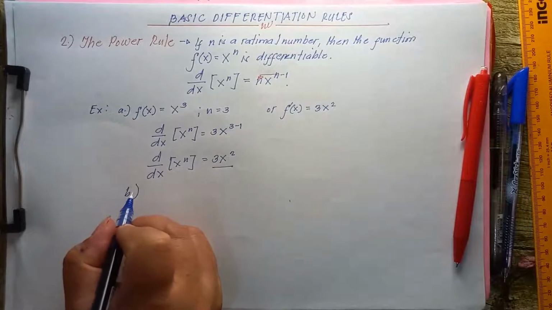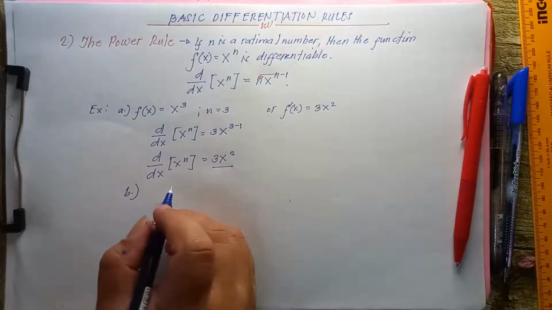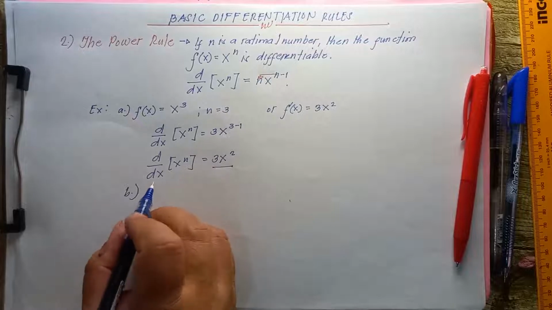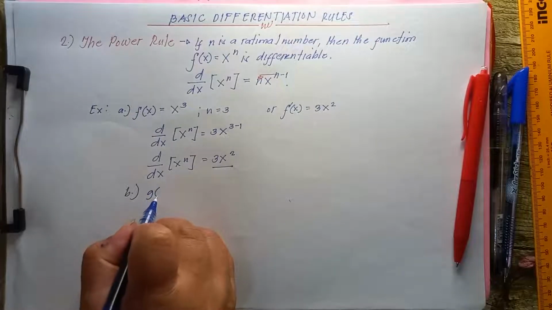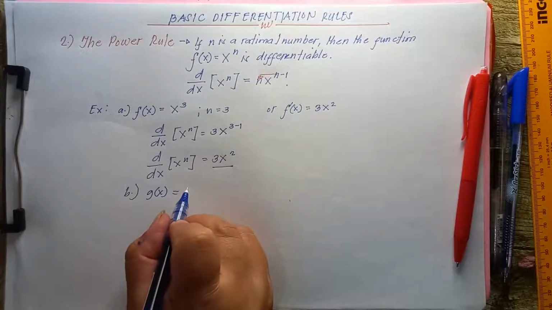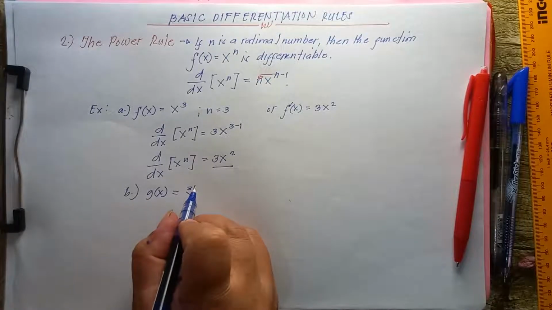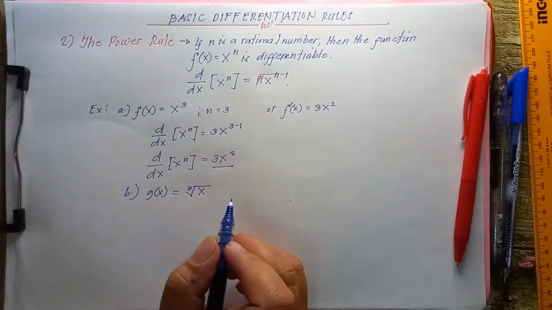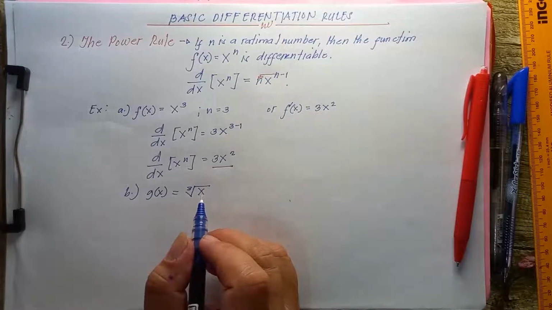What about in here? We have in here letter B. In our letter B, we have g of x equal to the cube root of x. Now, how do we get the derivative of this one?